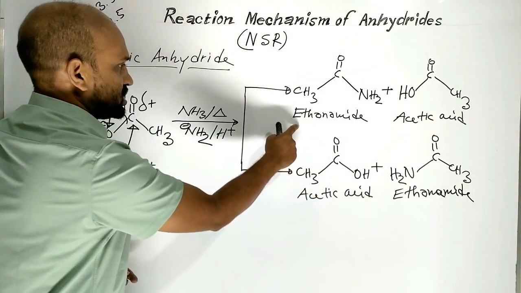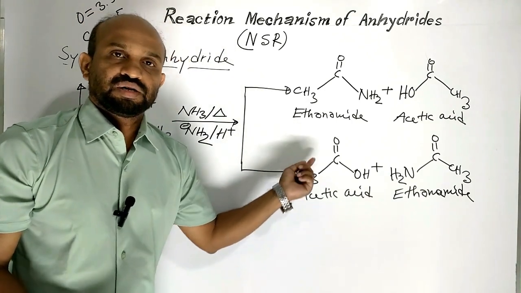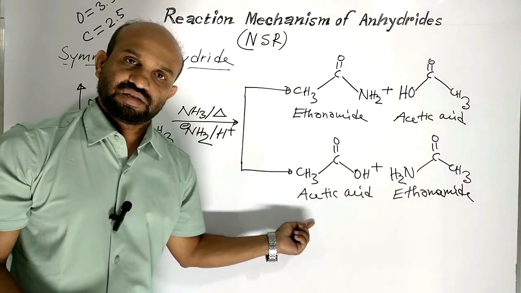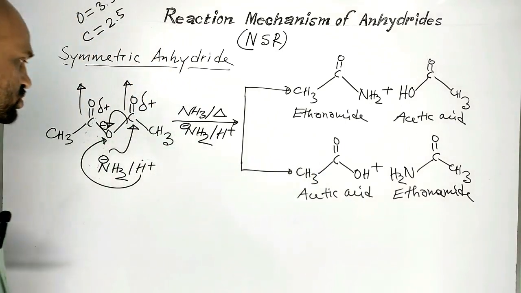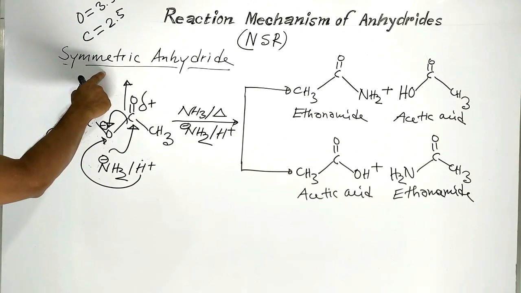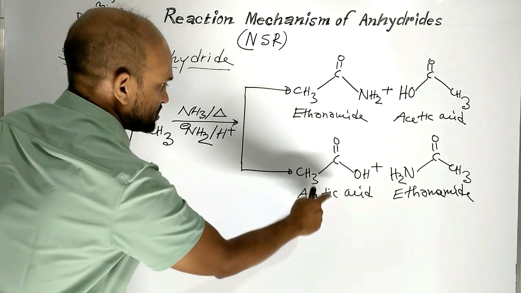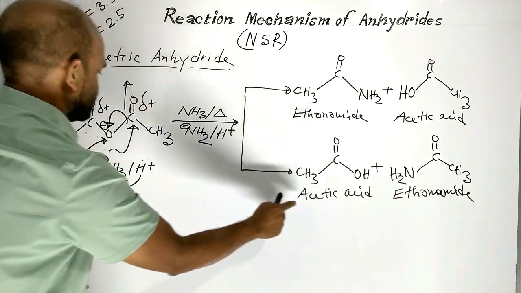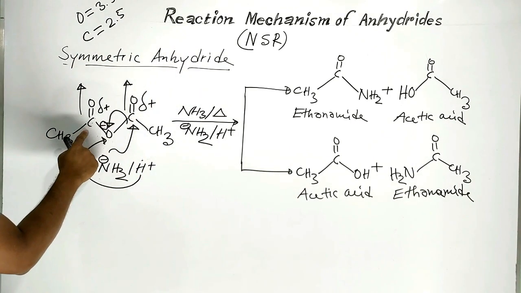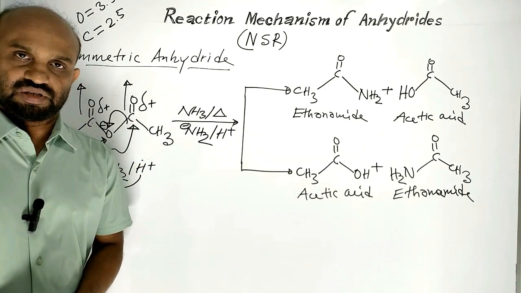So in both cases we got ethanamide and acetic acid. So we can say that this anhydride is a kind of symmetric anhydride, and that is why we are getting same type of compounds. Because this is symmetric anhydride, both the carbon atoms are same in chemical properties.